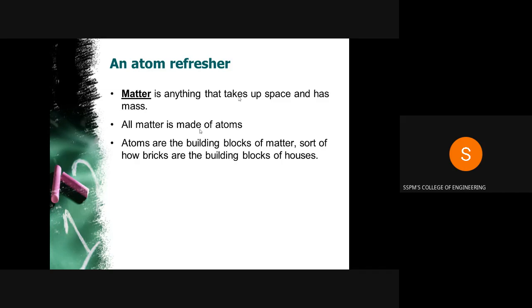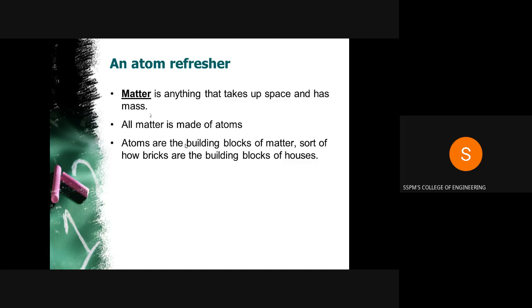Matter is anything that takes up space and has mass. Anything on the earth which takes up space and has mass is called matter, and this matter is made up of atoms. Atoms are the building blocks of matter, just as bricks are the building blocks of houses.